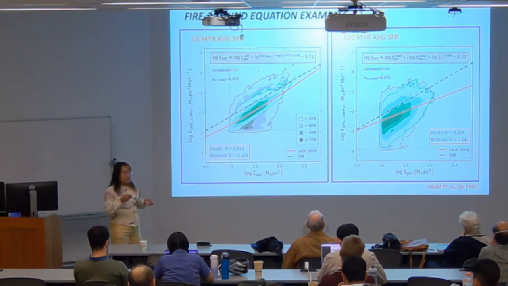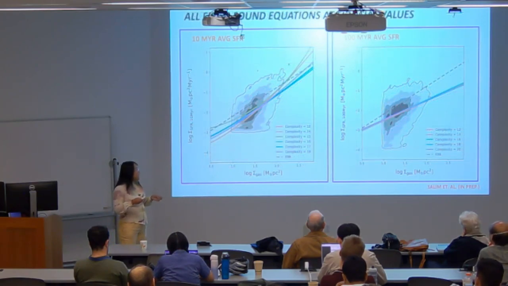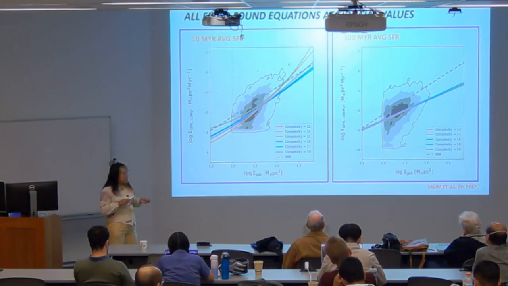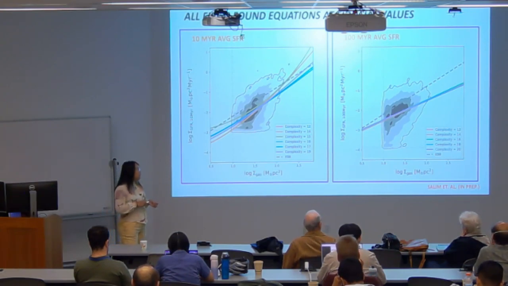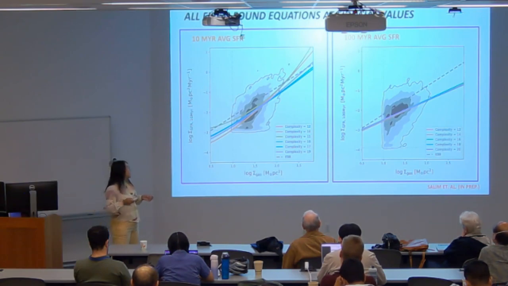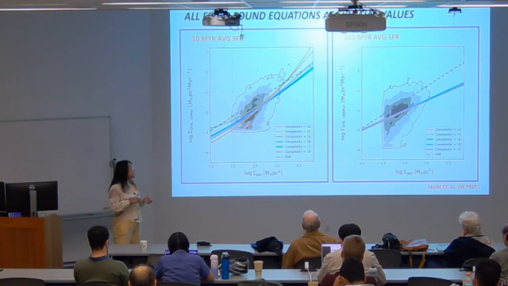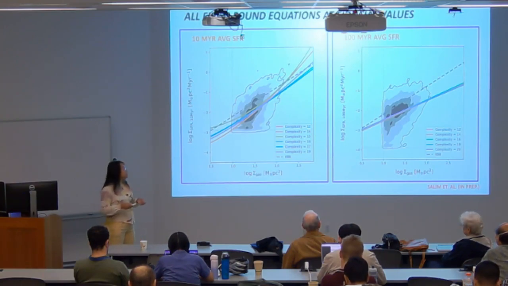When we put all the found equations on the same Kennicutt-Schmidt plane, we see that all the equations for the longer timescale experiment converge to the same line, whereas the equations found for the short timescale experiment have a little bit of scatter in it. So we can't say that we're super confident about that, but we are confident that we found the best equation possible at the longer timescale experiment.